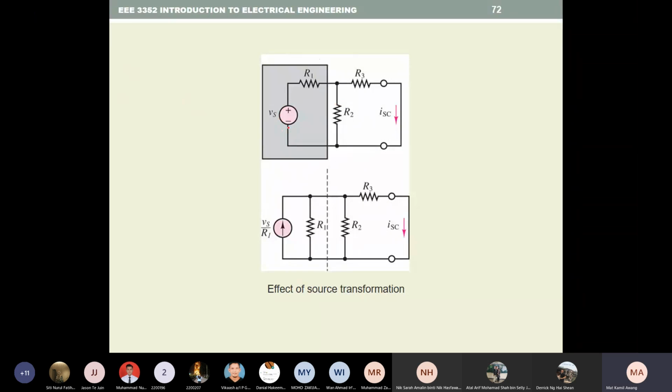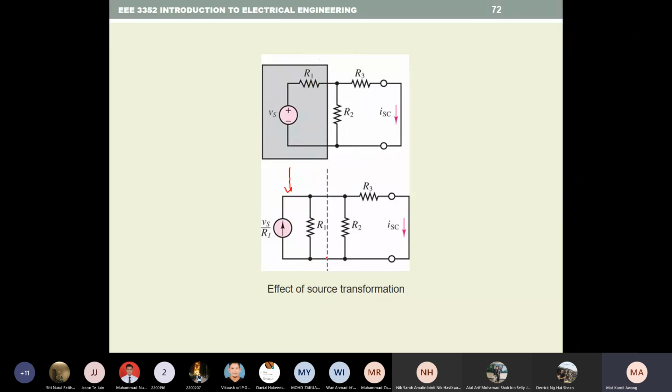Basically, for example, you have these circuits: Vs, R1, R2, and R3. This part looks like a Thevenin circuit, right? You have a voltage source and a series resistor. So you can transform it into Norton form by using Vs over R1, so it becomes a current source, and R1 is in parallel with this.